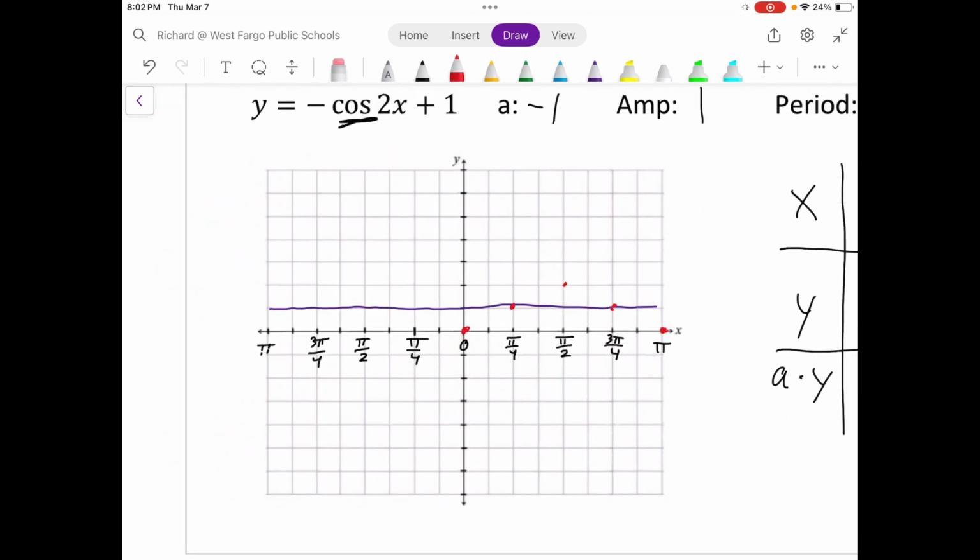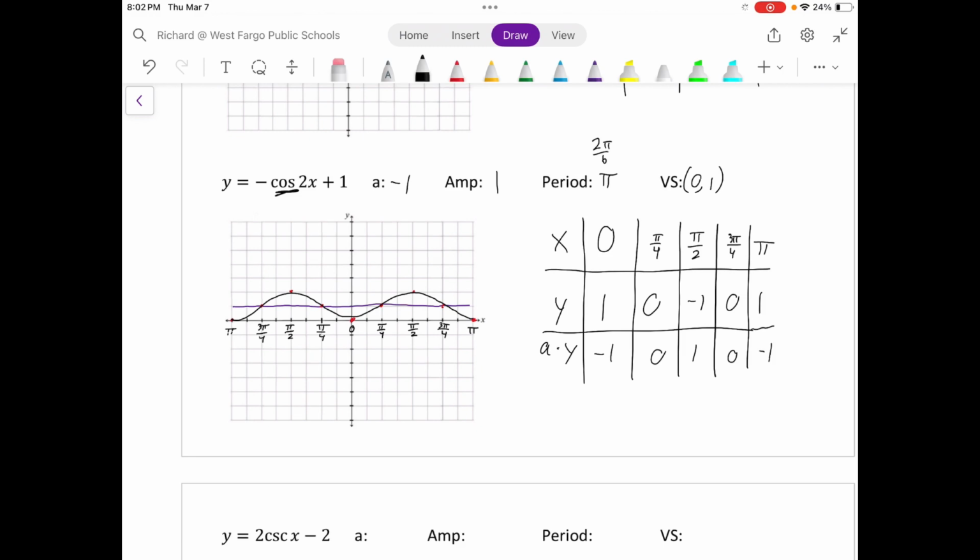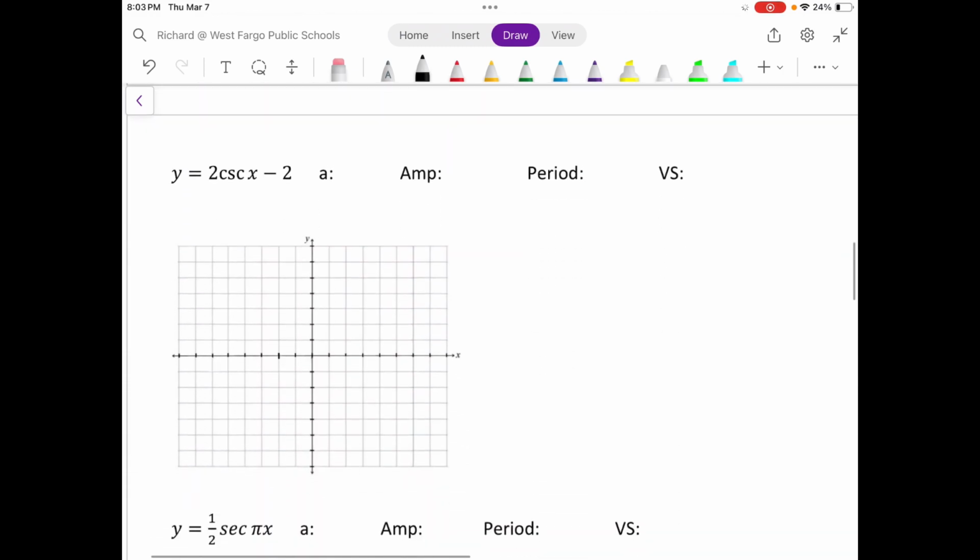And because this completes our period, we can repeat it to the other side and connect the dots accordingly. You should get a graph that looks like this. Let's continue on to our next problem.